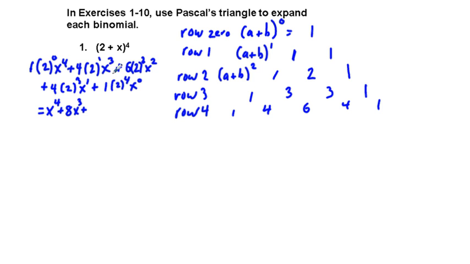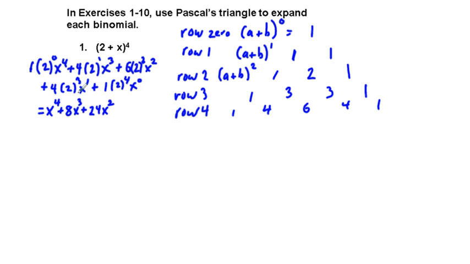The next one is 6 times 2 squared. 2 squared is 4, and 4 times 6 is 24, so we have 24x squared.